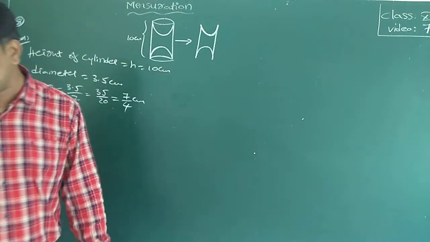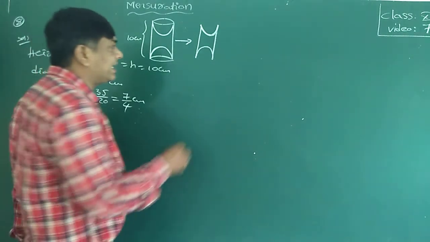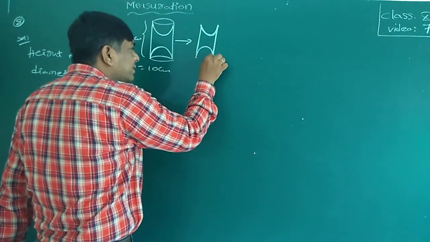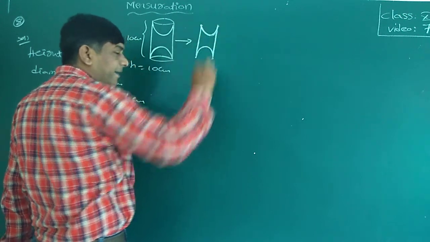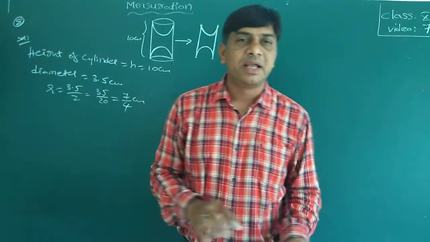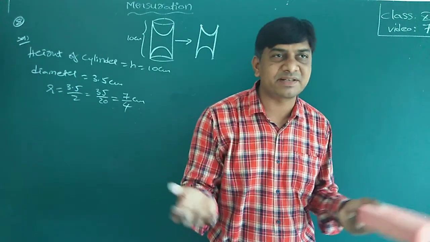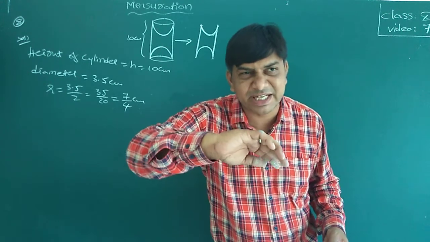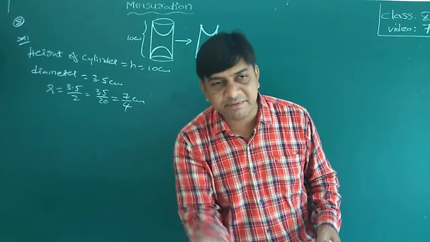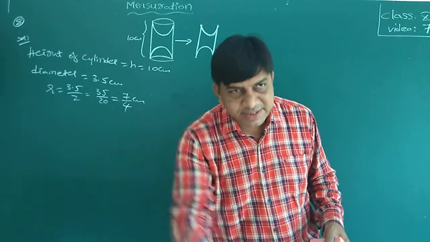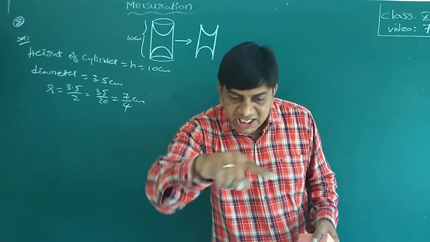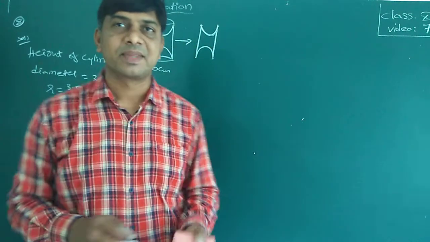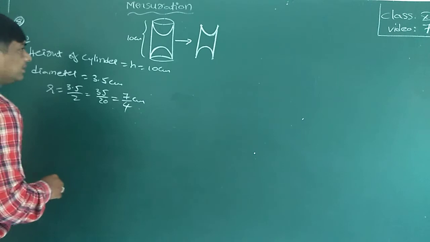Okay, now they asked to find the total surface area. TSA means CSA of a cylinder plus CSA of a hemisphere, CSA of a hemisphere. Like a full tub of ice cream or paste taken with a hemispherical spoon, inside the bowl a hemispherical mark remains when you take out that portion.